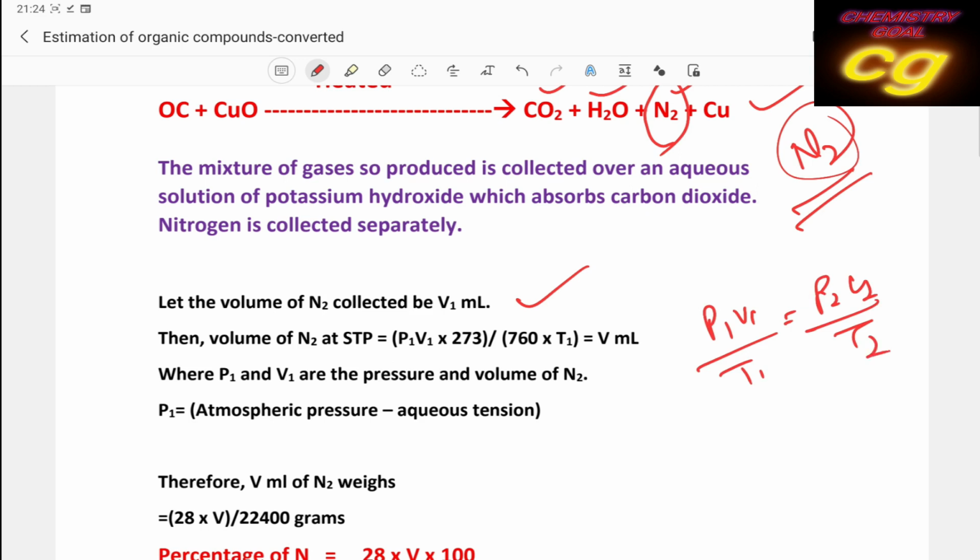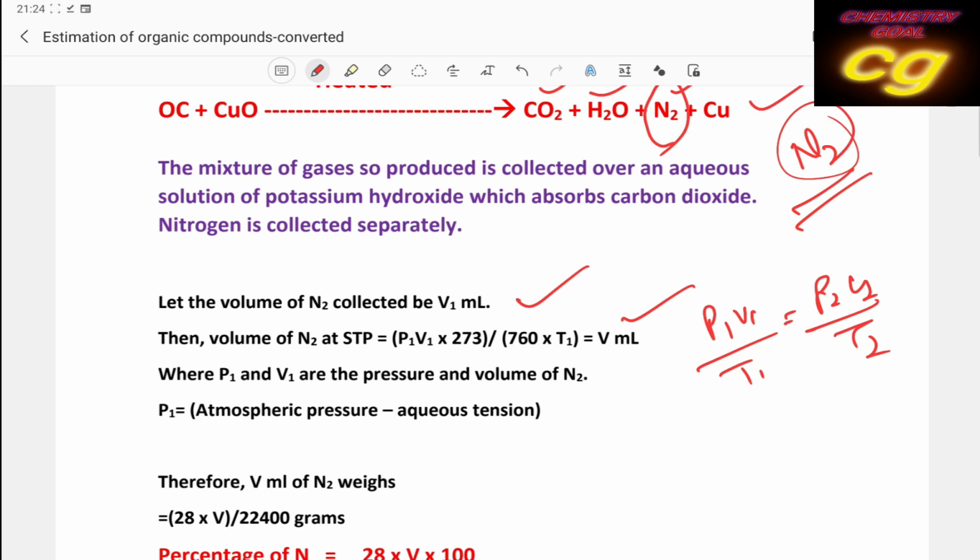Here P2 is 760, that is atmospheric pressure, and T2 is 273. When you use this formula, let the volume of nitrogen collected at NTP be V ml. Same formula, P1 V1 by T1 is equal to P2 V2 by T2.